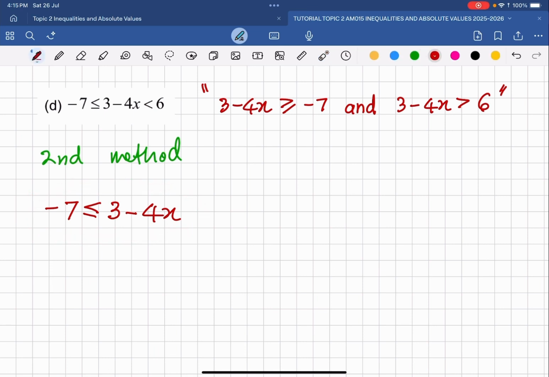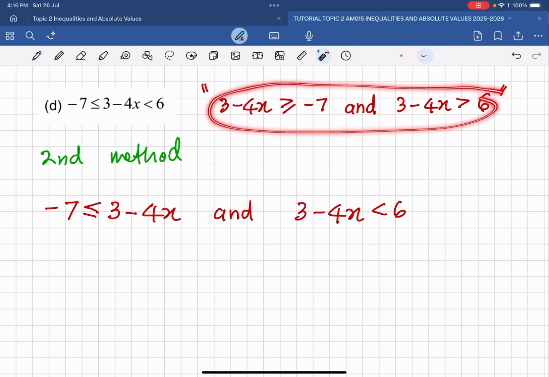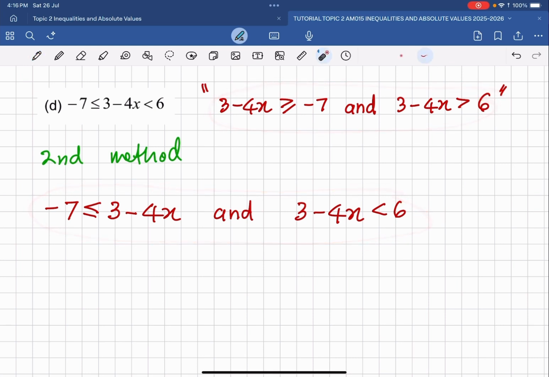Same meaning, we still put and in the middle, and copy down 3 minus 4x less than 6. So you may write it like this or like this. Same thing. So what does it mean by and? And is an operation where we're going to do some intersections. So you may use the word and or the symbol of intersection.